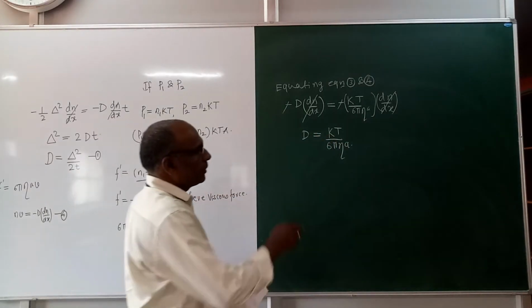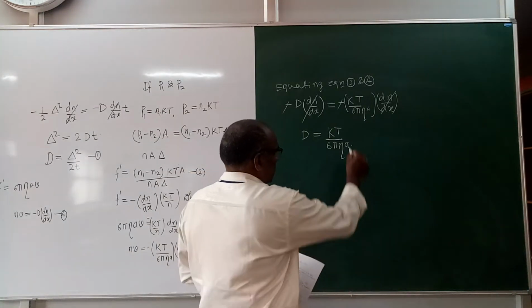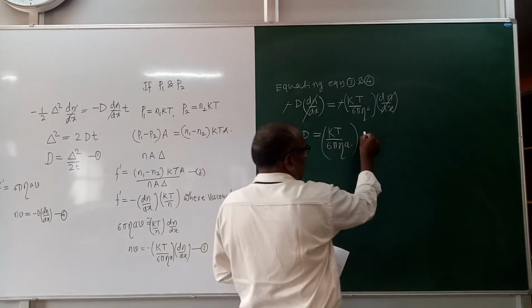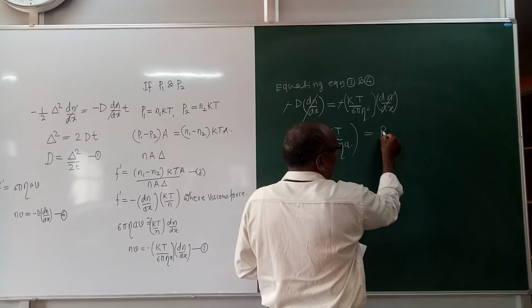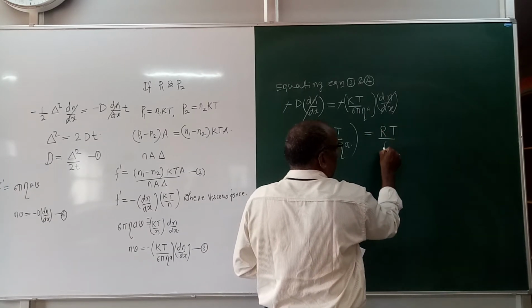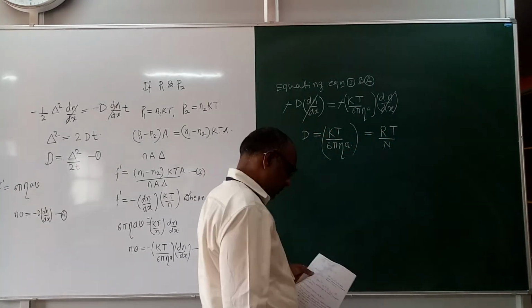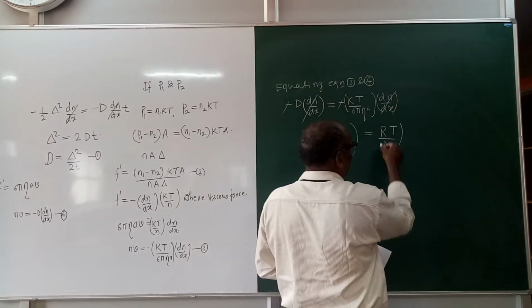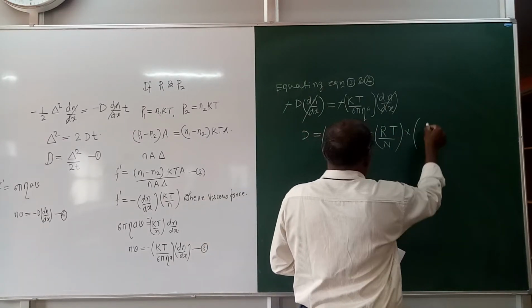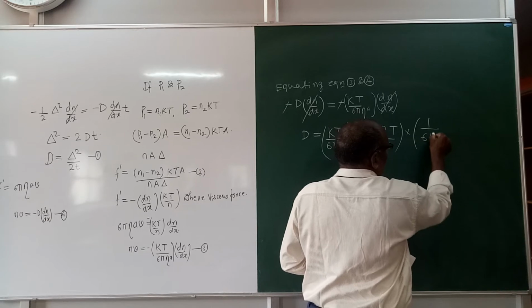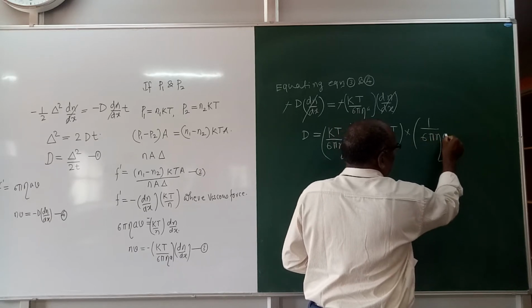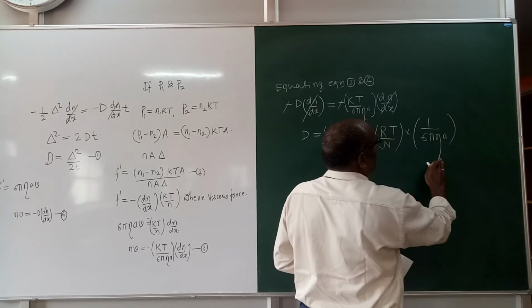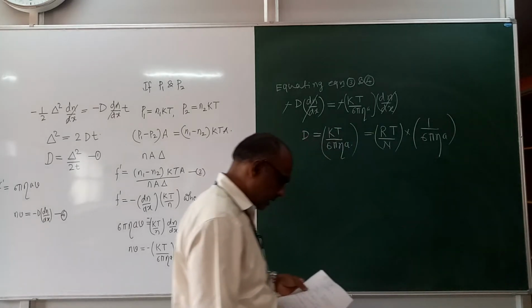We know the relation between kT and the gas constant. Here I can write using RT upon N, that is kT, into 1 over 6 pi eta, the coefficient of viscosity, into a, the radius.